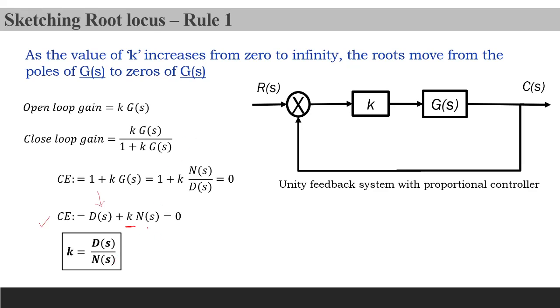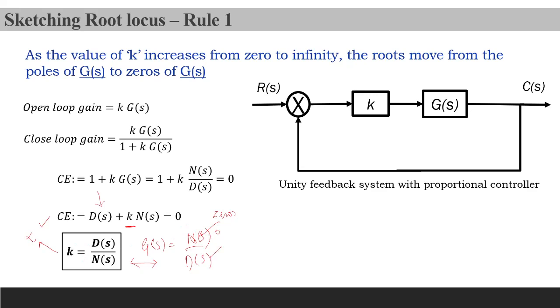And if you remember, the conventional G of s was actually N of s upon D of s. So that's quite opposite, if you see, right? That's quite interesting. That means when I try to find zeros, I put N of s to 0, and when this becomes 0, k becomes infinite.